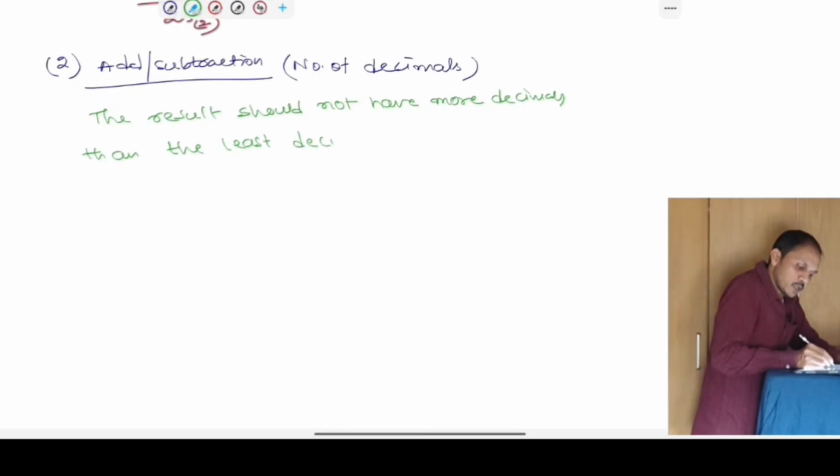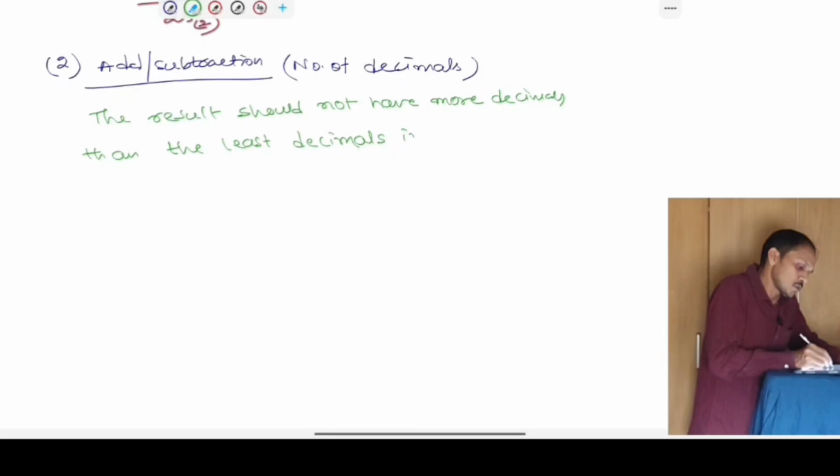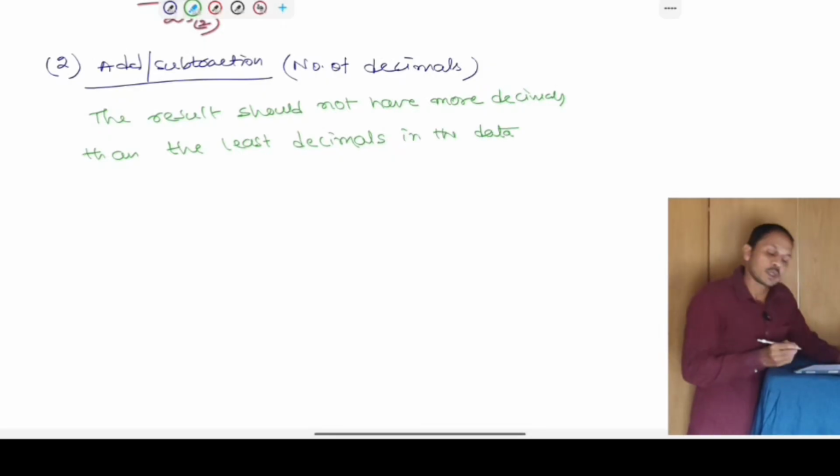So in the data, for example, if the least decimals are 2, then the answer also should have only 2 decimals, not more. So what do we do? After finding the answer, by subtraction or addition, we will round off such that the number of decimals is the same as the least one in the data.